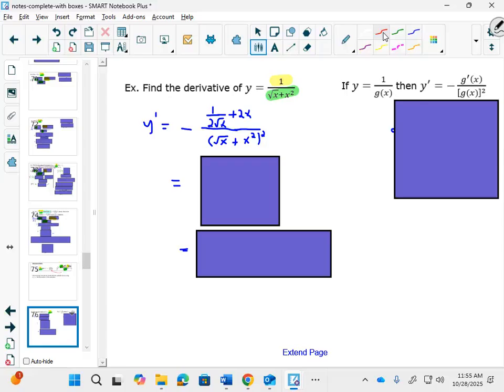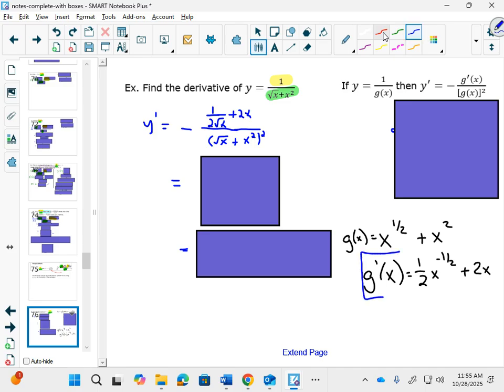And with the bottom, this is my bottom, this is my g of x on the bottom. I probably would have written the derivative in that form there.